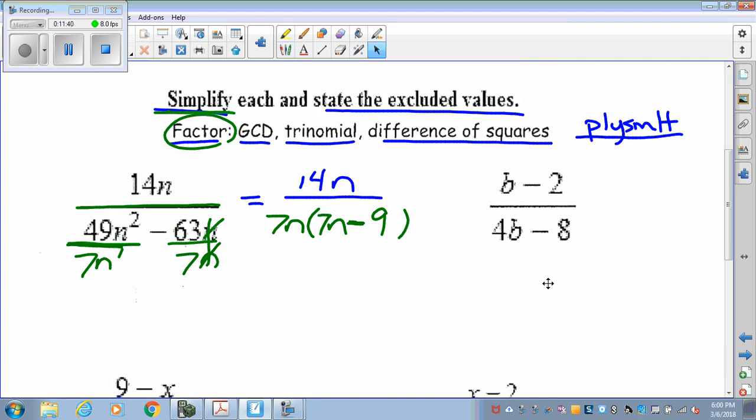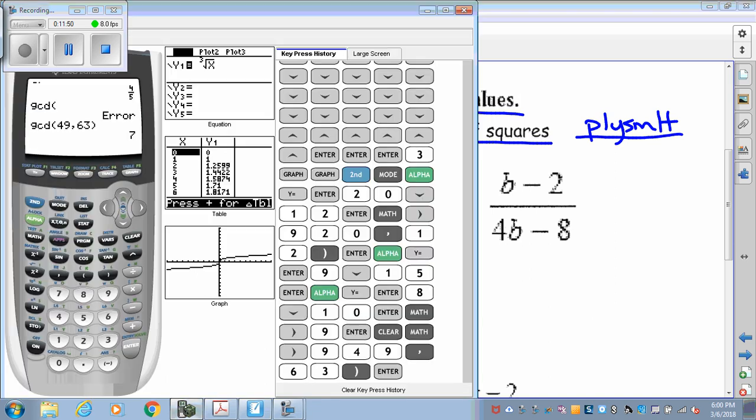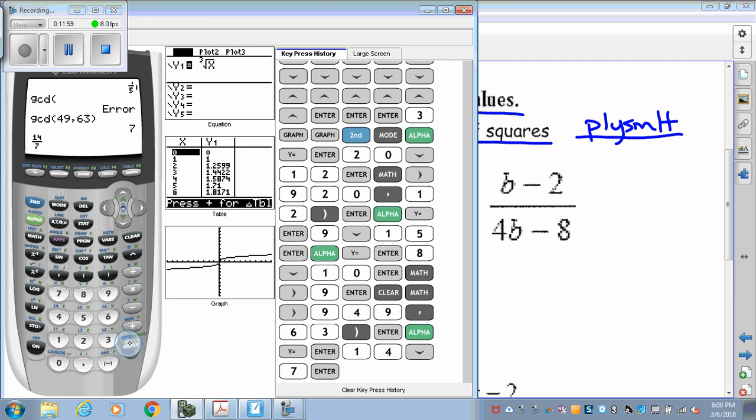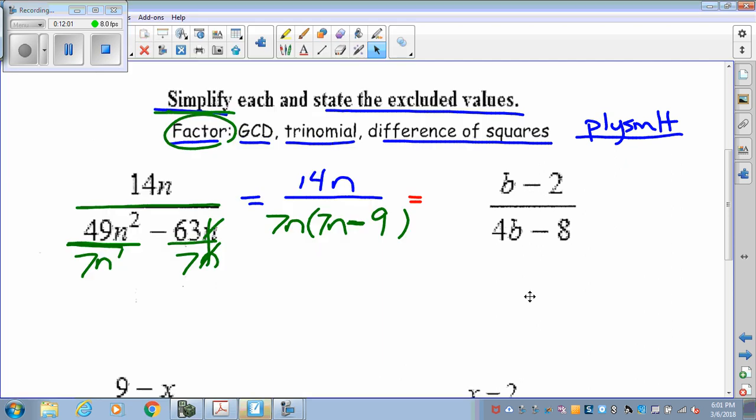All right, so 14 divided by 7. All right, well, I'll do that. I can do that on my calculator, or I could put that in as a fraction if I wanted to. I could go alpha y equals, and I'll put that as 14 over 7. All right, and that's 2.